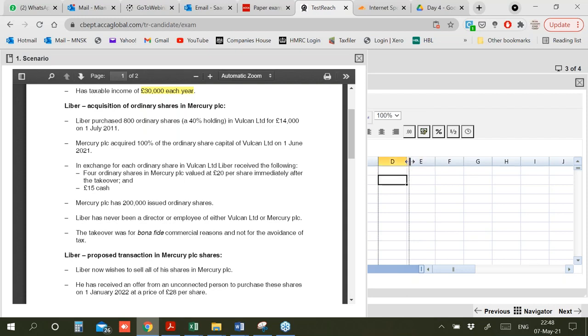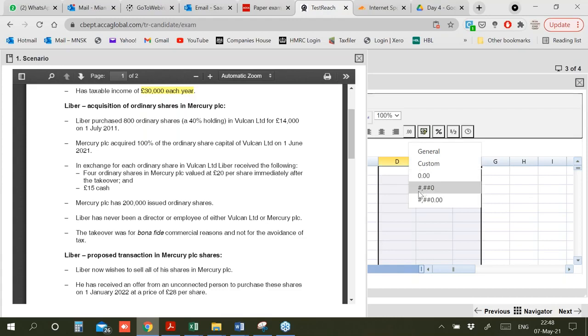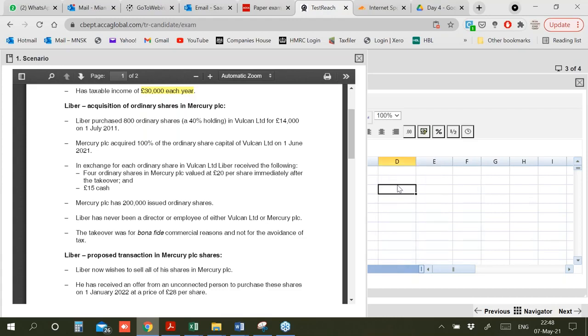Now, for takeovers, you always follow a two-column approach. First, you see what the shares are valued at before the takeover and what they are after, and for that you always make two columns.